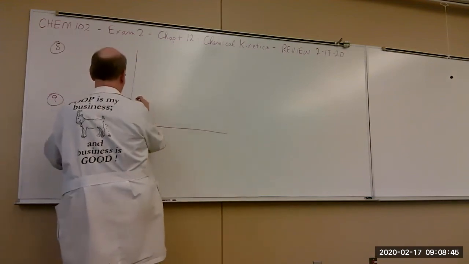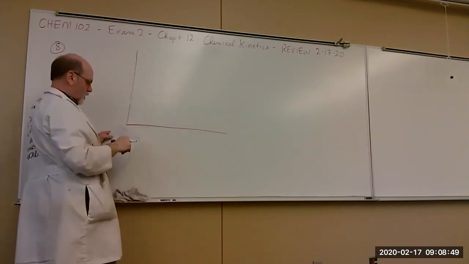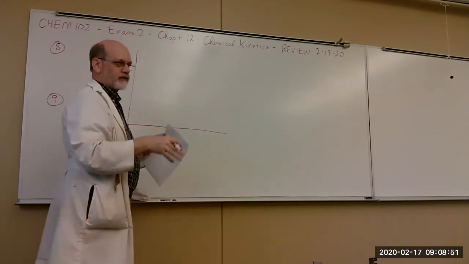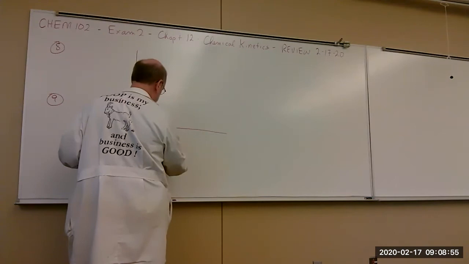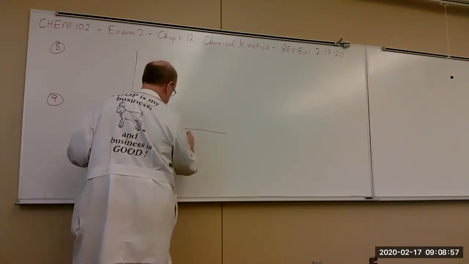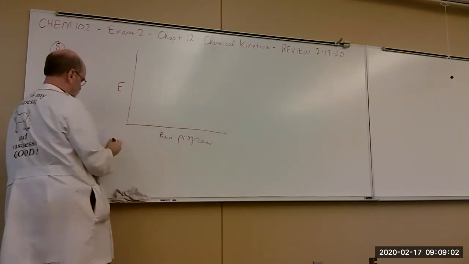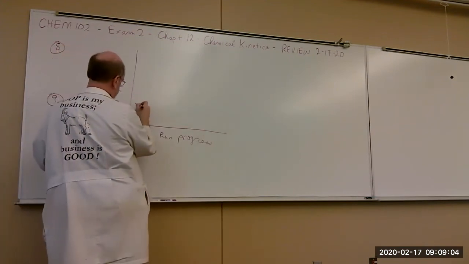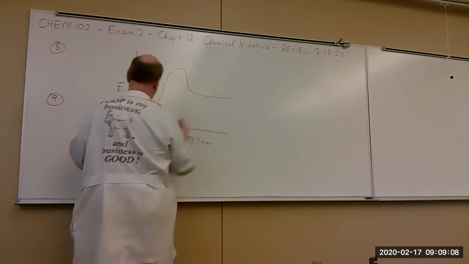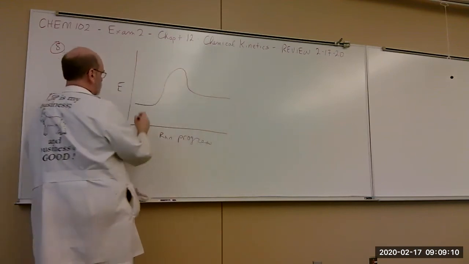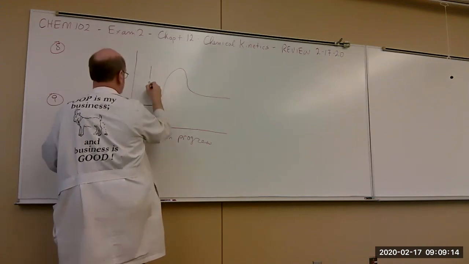So we got one that goes like this, and it doesn't tell you what the axes are, which means you should recognize the form. This is reaction progress, and this is energy. So we go like this, and we go like this, and then we got this one, there to there.